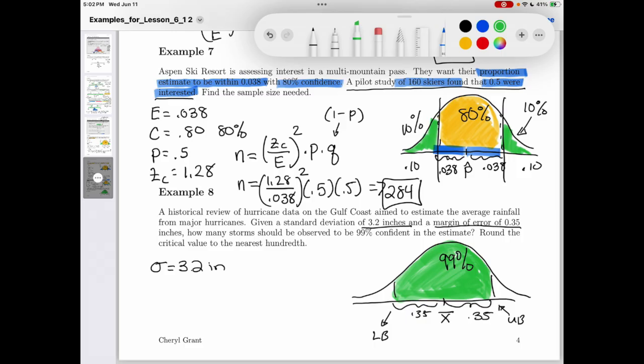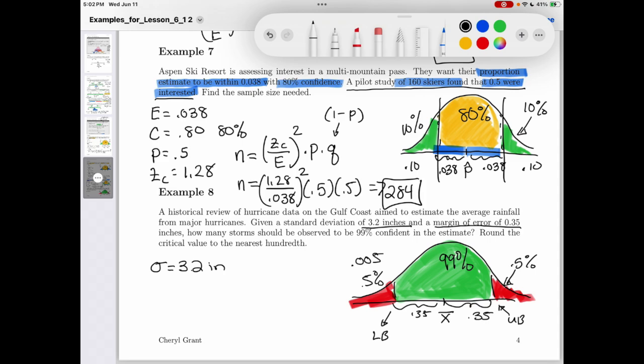Okay, now we have our wings over here. The area in our wings, since we have 99% in the middle, means there's 1% left over, which means there's 0.5% in each wing. As a decimal, that would be 0.005.